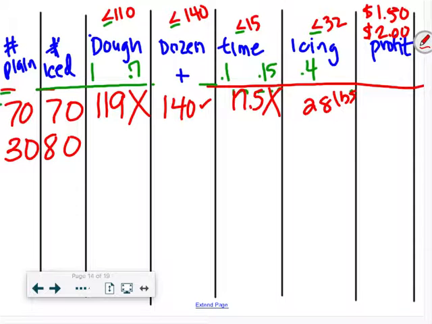You have space for 140. And the time it takes for you, 49 times 0.1. 75. 55 times 15.